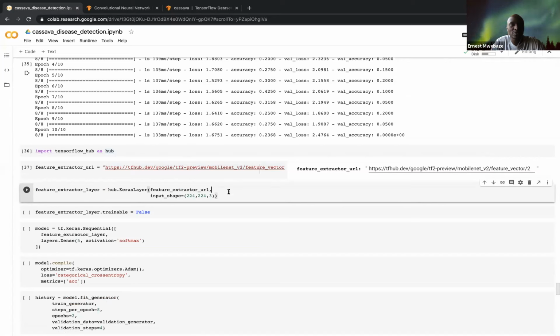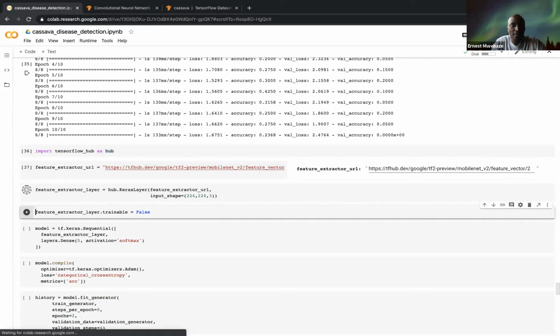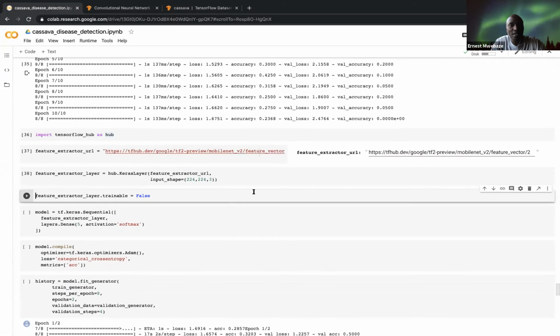So you can specify, again, we're getting a MobileNet version 2. We create a Keras layer from that. In this case, you're getting a feature vector, so you can specify a feature vector or a classifier. So here, the feature vector means the head has been cut off. So it's similar to what we had previously.